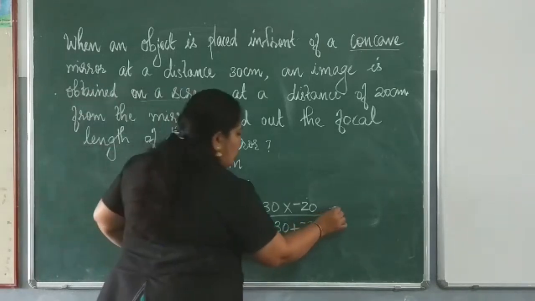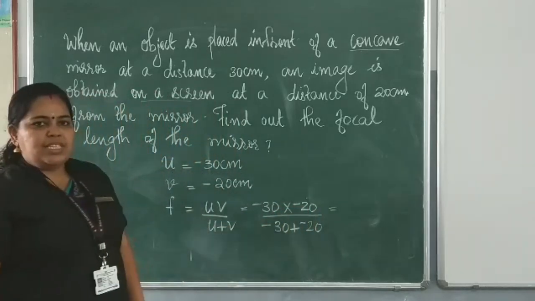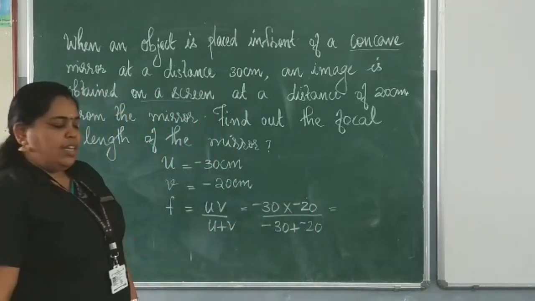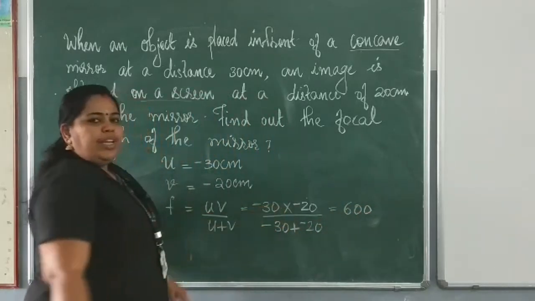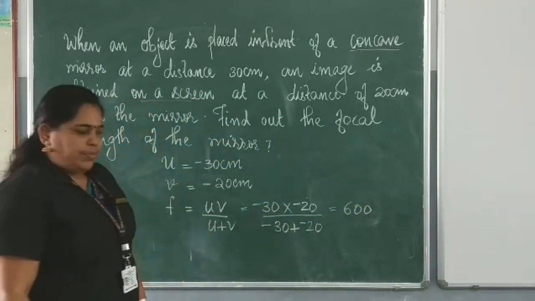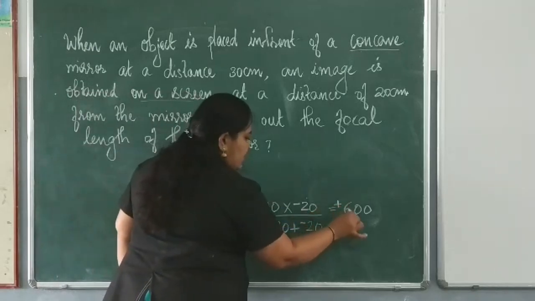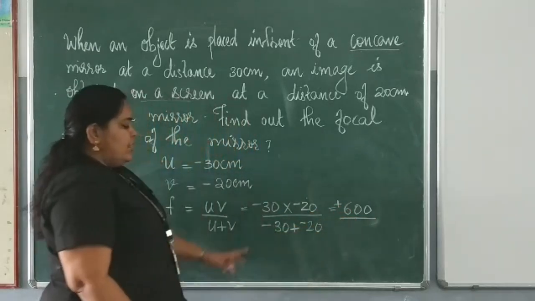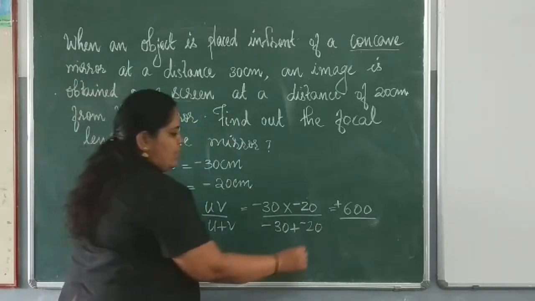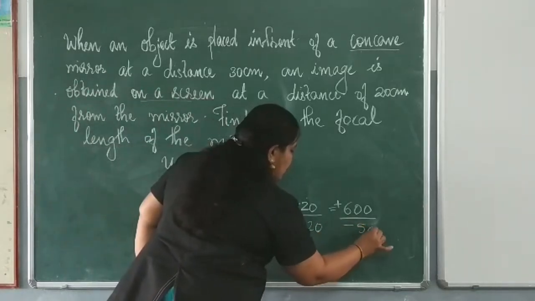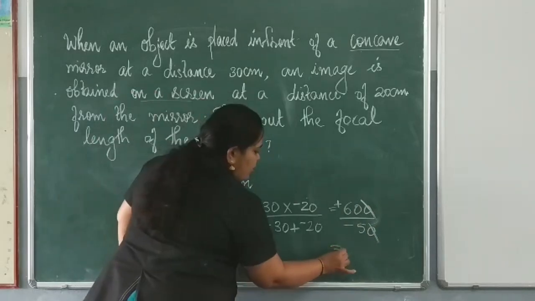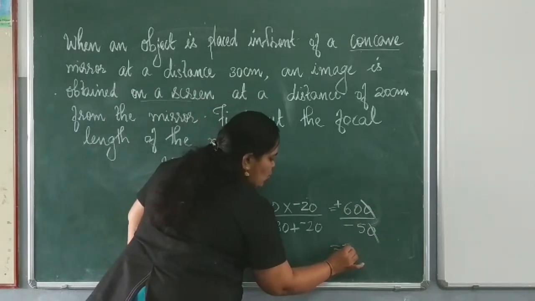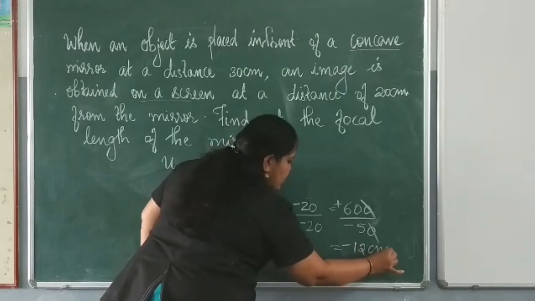So what is negative 30 into negative 20? 30 into 20 is 600, negative into negative is positive. So plus 600 by minus 30 plus minus 20, that is minus 50. The zeros get cancelled. What is 60 divided by 5? 12. So minus 12 centimeter.